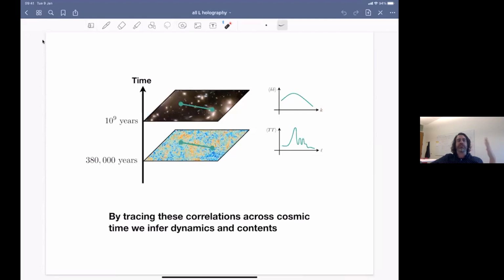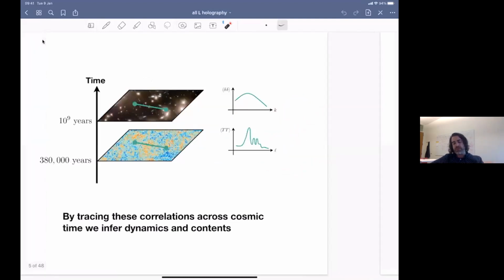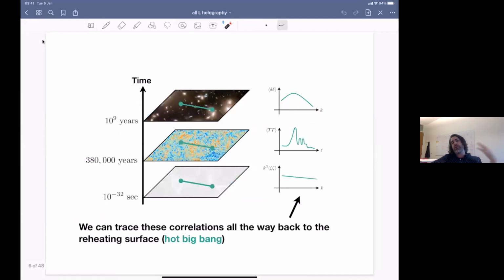And so we can trace the correlations that we see in the late time large scale structure all the way back to the CMB last scattering surface, where the correlations are seen in temperature anisotropies of the cosmic microwave background. And those have some associated power spectrum as well. And we can trace these correlations all the way back to the beginning of the hot Big Bang, this thing that I'll call the reheating surface.